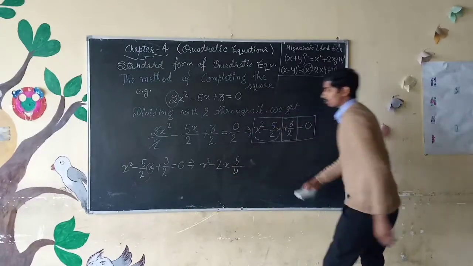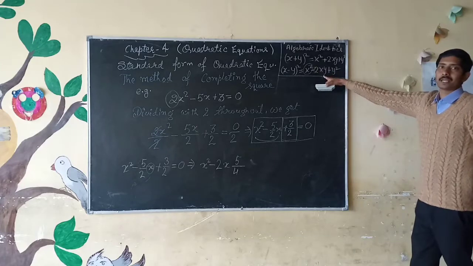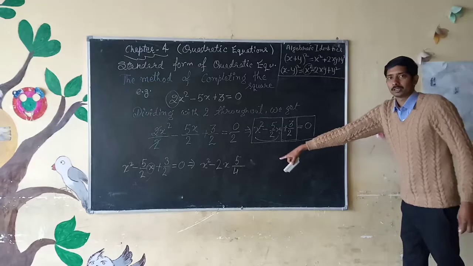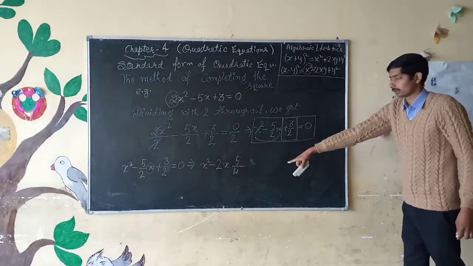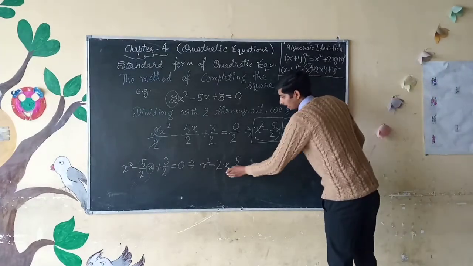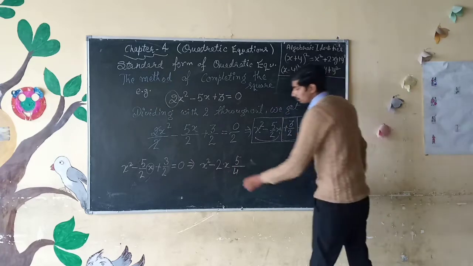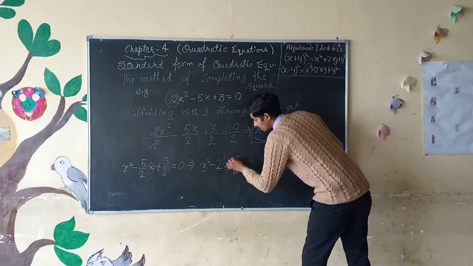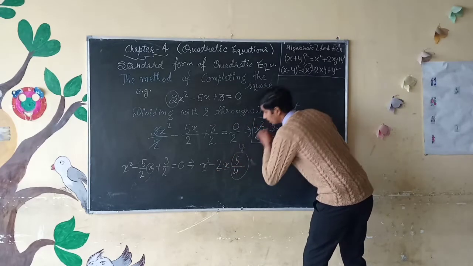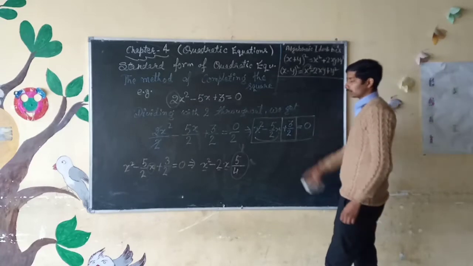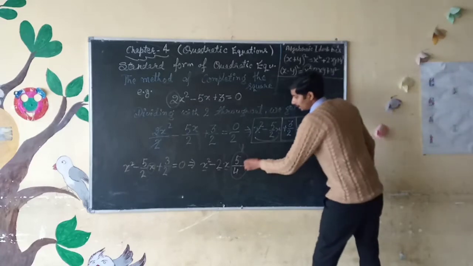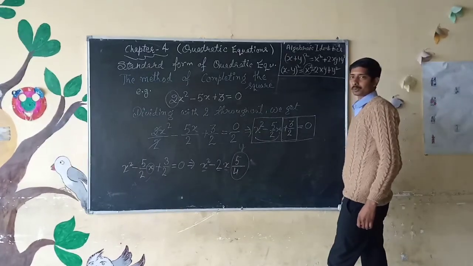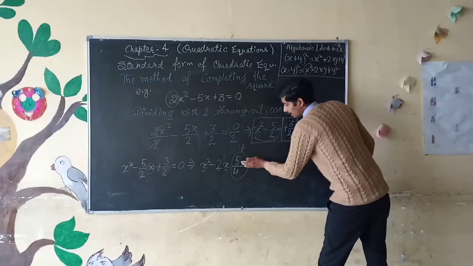I am just making this quadratic equation in such a way that this identity is applicable or made here. Now from here what do we get? x square minus 2x and y. Understand? If we divide this 2 by 4, then we get that minus 5 upon 2 x. So I can say this as y.